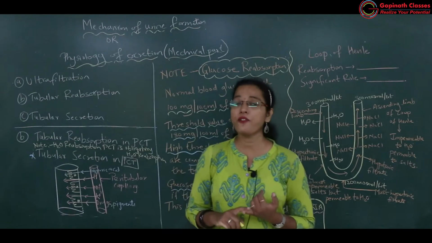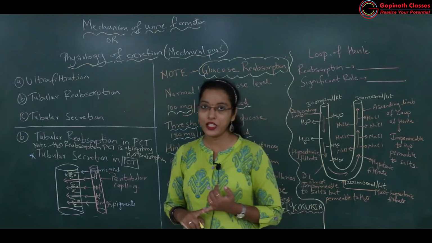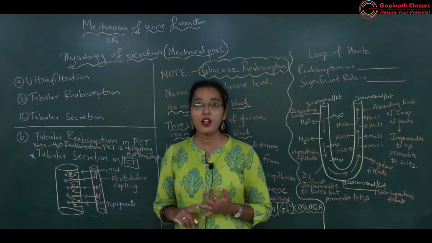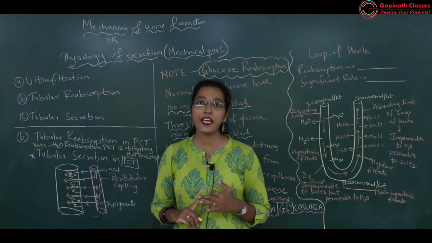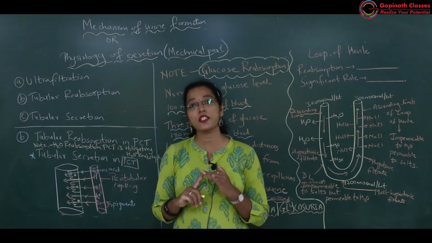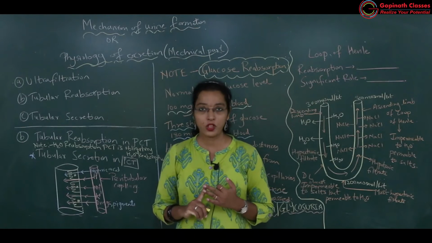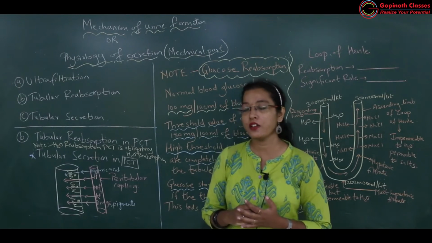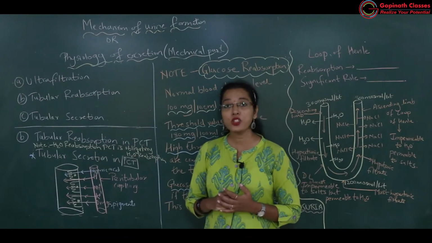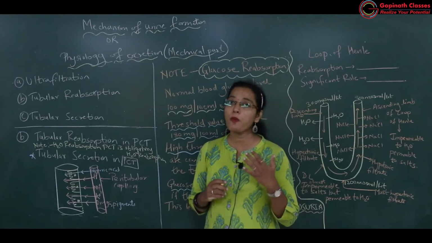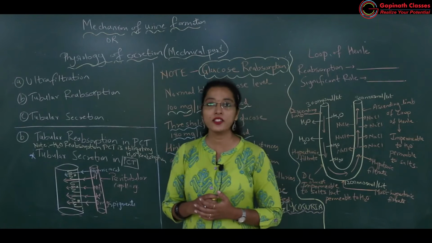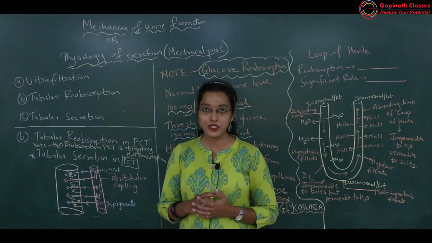Because it is having brush bordered cuboidal epithelial cells as well as mitochondria in large number, as well as it is having glycogen. Glycogen is the storage form of glucose. Okay, so a lot of energy is present in the cells of the PCT, because of which the PCT can absorb maximum amount of nutrients as well as salts and vitamins also.